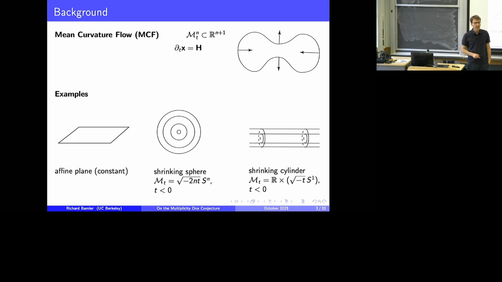There are three examples that we should always keep in the back of our minds. They'll show up quite often. The first example is just the flat plane. It's flat, so the mean curvature is 0, so it'll just be constant under the flow. A more complicated, but still very easy example, is a sphere.